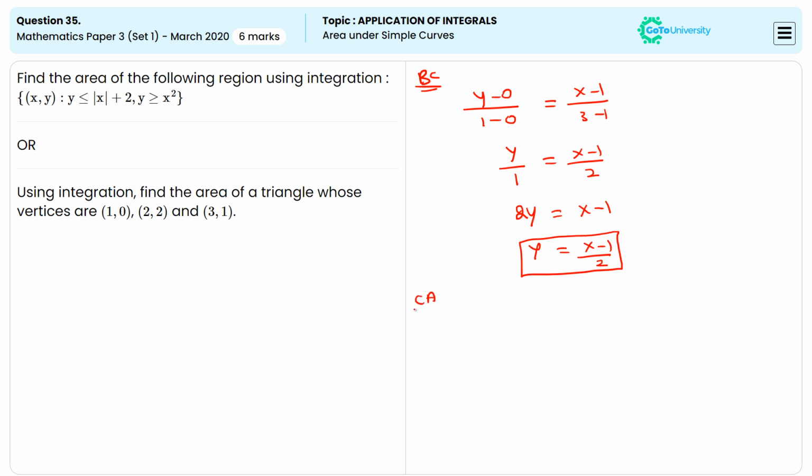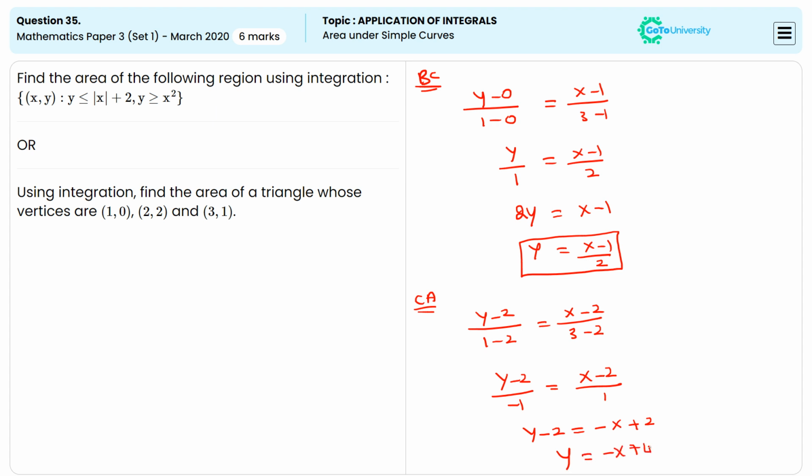Now let us write line segment CA. We have (y minus 2) divided by (1 minus 2), which is equal to (x minus 2) divided by (3 minus 2), so (y minus 2) divided by minus 1 equals (x minus 2) divided by 1. We simplify and get y minus 2 equal to minus x plus 2, so y equals minus x plus 4.